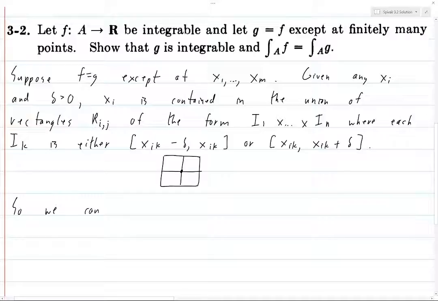So we can label the rectangles. If we want to figure out how many there are, we have Ri comma 1, and then for each k between 1 and n, we have two choices of the interval Ik, and so we have 2 to the n total rectangles here.